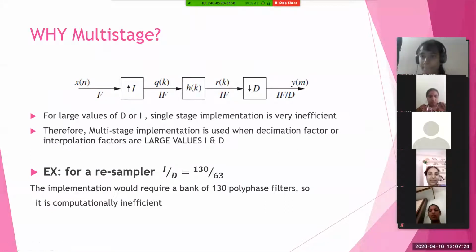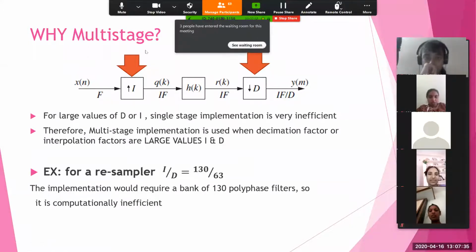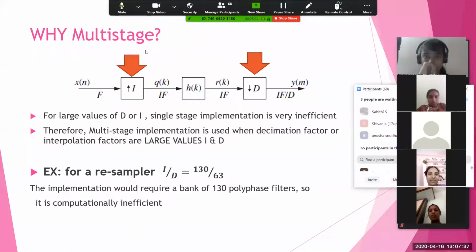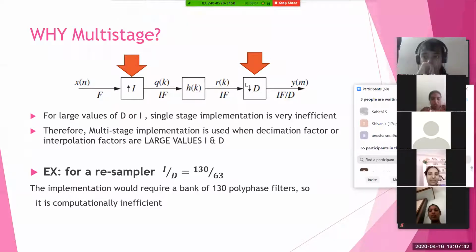Here you can see this particular slide, and here we have the interpolator and decimator both integrated in this particular structure. The interpolator and the decimator, which are pointed by these arrows, both are implemented as a single stage.